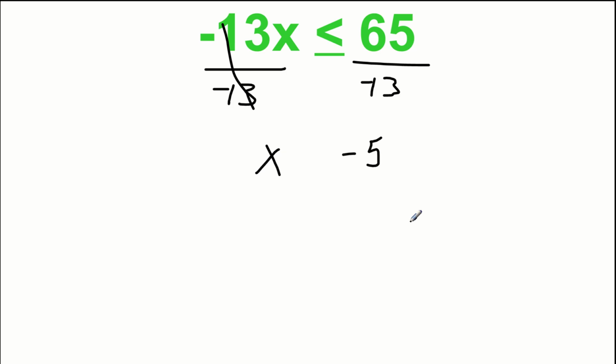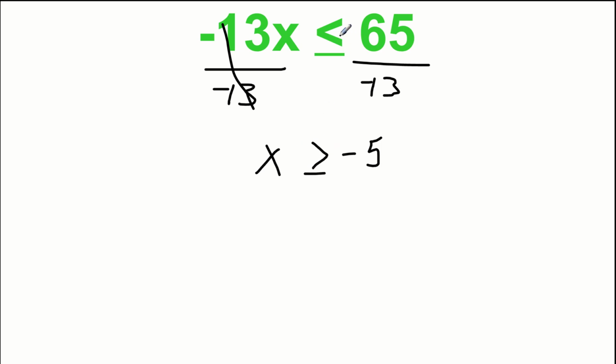Now the difference is, you divide by what has to happen if you divide by a negative. Switch it. We flip the inequality sign. So if you divide by a negative, we have to flip the direction on our inequality sign.